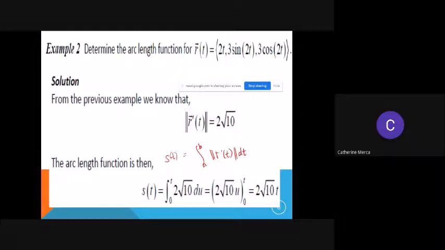But what is the magnitude? It's 2 square root of 10. That's why you have there 2 square root of 10.